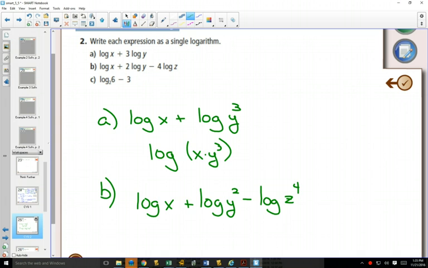Whatever's subtracted is going to be in the denominator of your fraction. The x and the y squared are added, so they'll be multiplied together on the top of our fraction. And the z to the 4th is subtracted, so that's going to be on the bottom of our fraction.